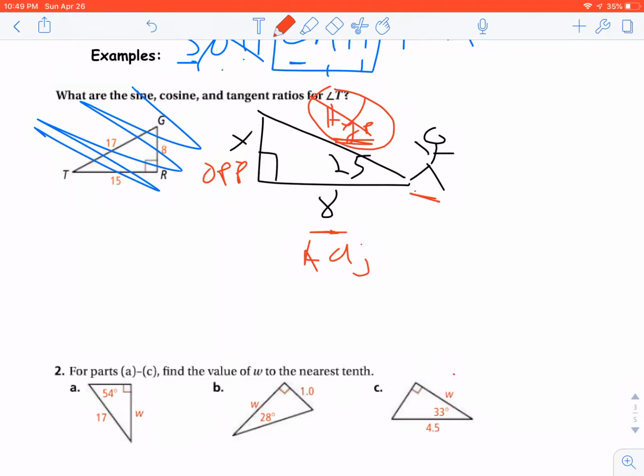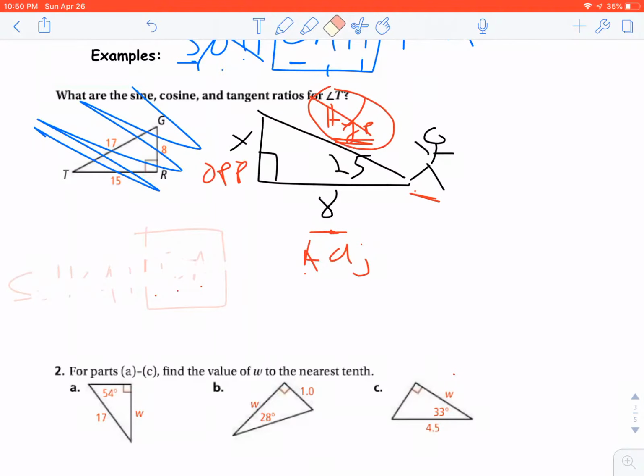It's across from you. So I need to know what trig function deals with opposite and adjacent. That's tangent, because the T has an O and an A after it.